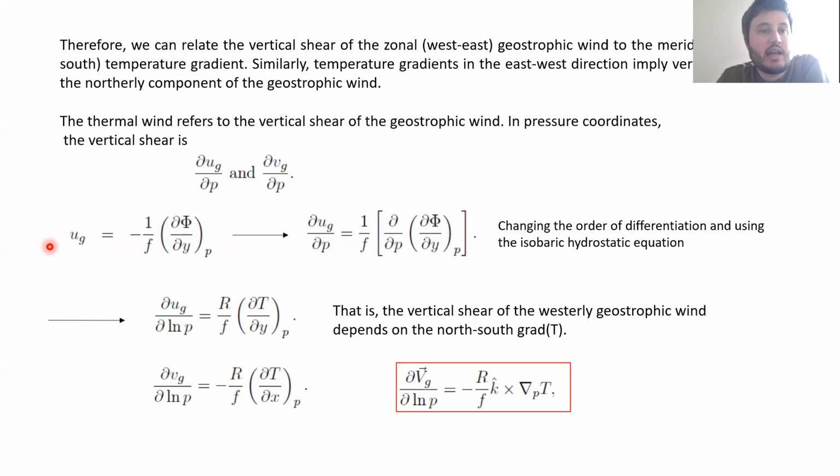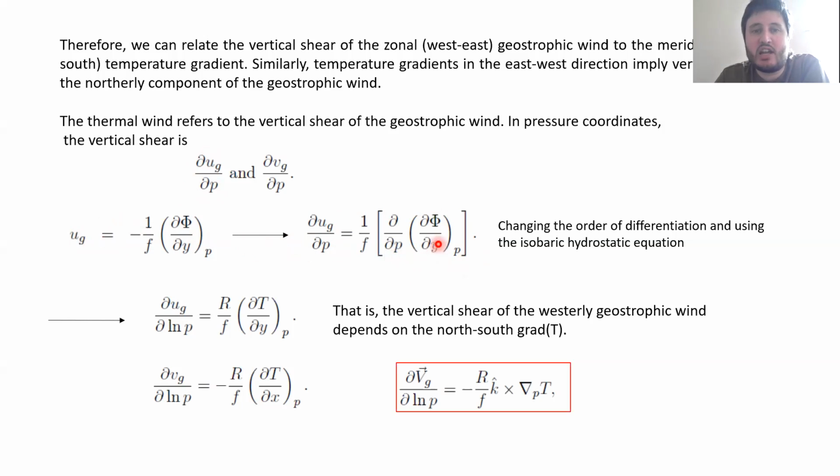If now we differentiate that in the vertical direction, that is what we want to get. This is indeed the thermal wind, how the geostrophic wind changes with altitude or with pressure.